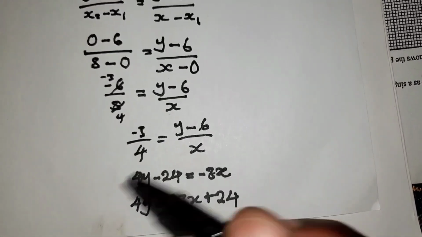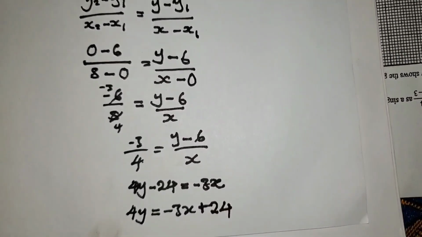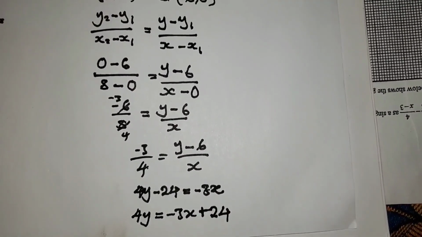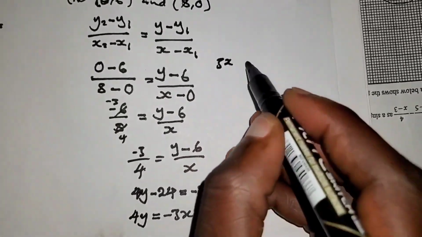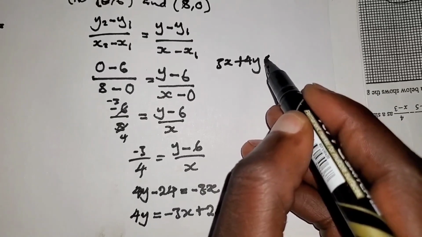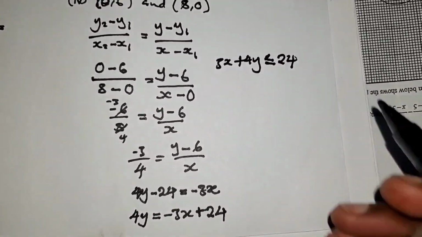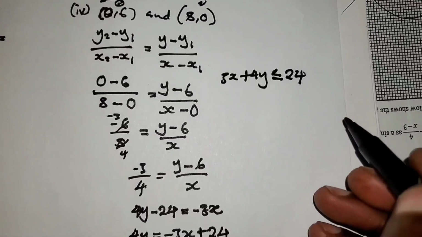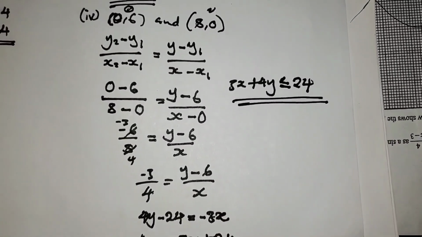The negative 3x can be taken to the other side so that it becomes 3x plus 4y is less than or equal to 24. Okay, and this is the fourth inequality.